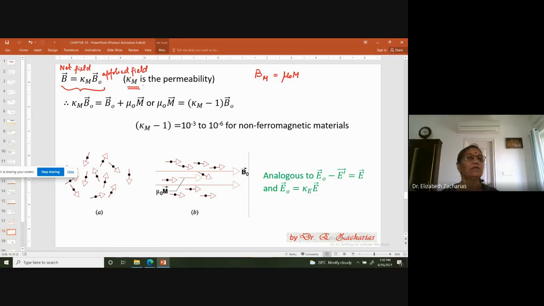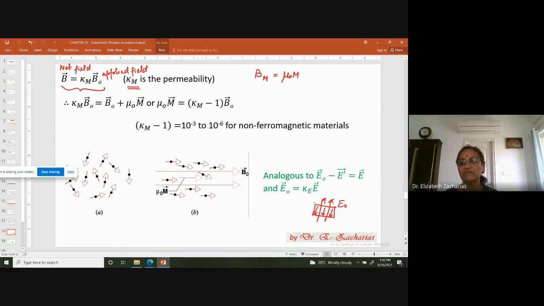You have seen something like this in electrostatics also. In electrostatics, you had a block of a dielectric. You applied a uniform field E naught. Then there was electric dipole orientation.